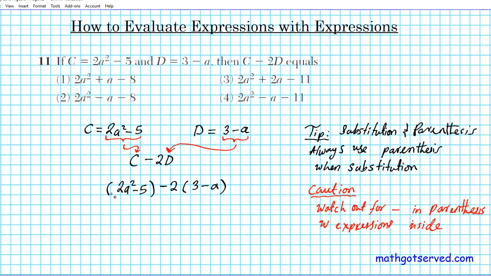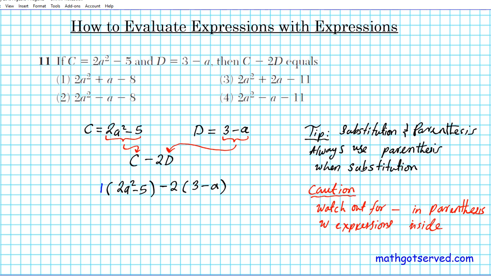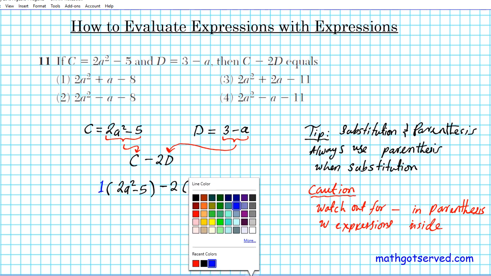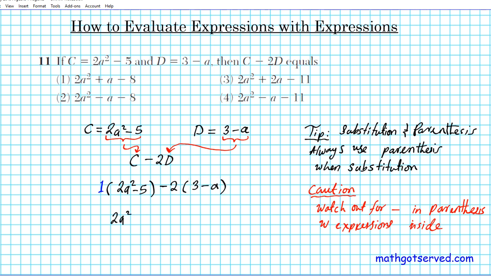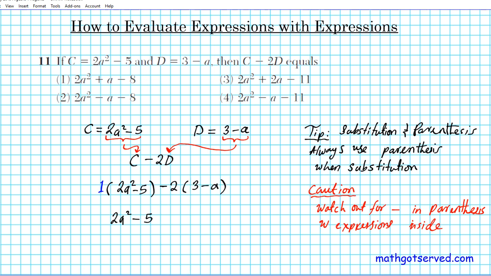So 2a squared minus 5, you can imagine as though there is an invisible coefficient here, which is just 1. So when you distribute that positive 1 across these two terms, nothing happens. It just remains 2a squared minus 5. Now on the right side, we are not just distributing the 2, we're distributing negative 2.